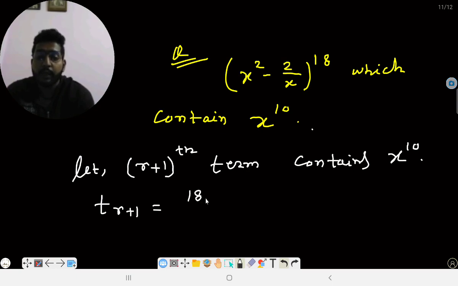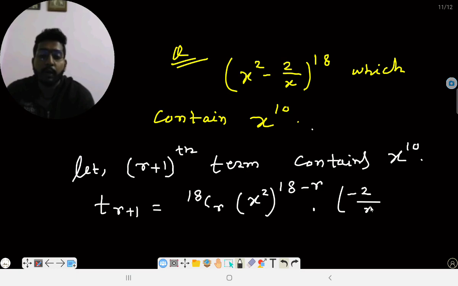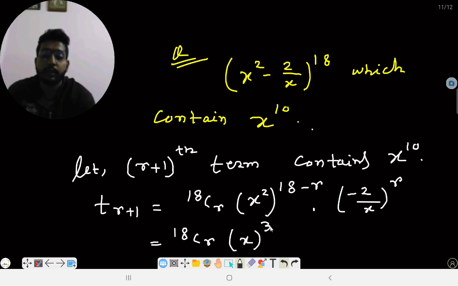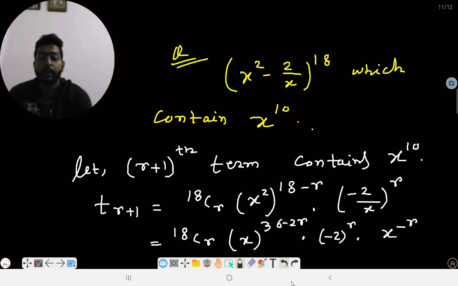Again the same thing, nCr a to the power n minus r into b to the power r, that means 18 minus r. Now solve this one, that will be 18Cr x to the power 36 minus 2r into minus 2 to the power r x to the power minus r.